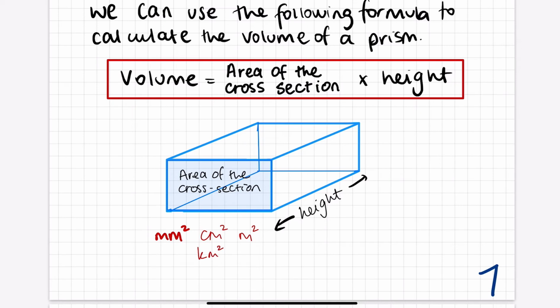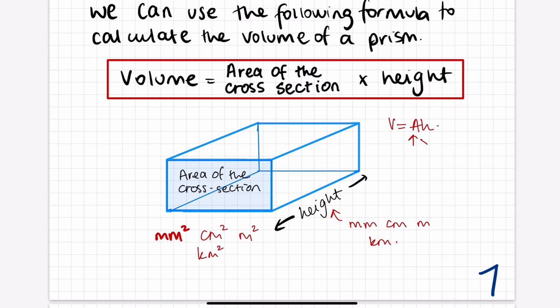Okay, because it is an area. And then the heights are in millimeters, centimeters, meters, or kilometers. Okay, a simpler version of writing the formula is volume equals AH, area of the base times the height.